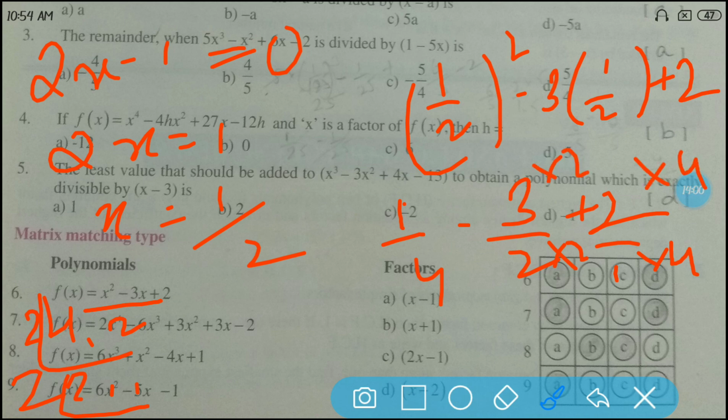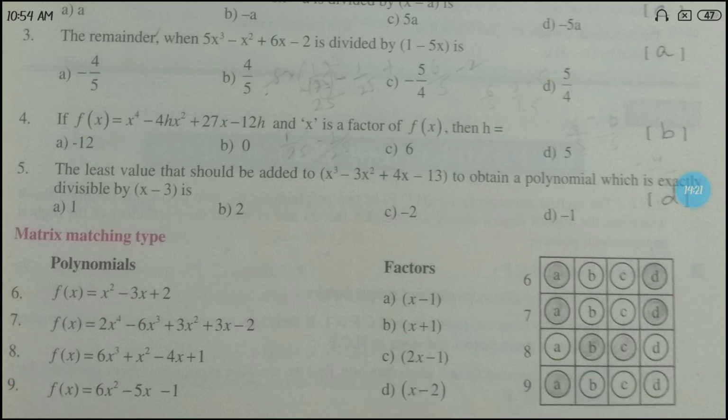Here also multiply by 4, here multiply by 2. So 1 by 4 minus 3 into 2 is 6, 6 by 4 plus 2 by 4. 8 by 4. Now when you solve this, you will get minus 5 plus 8. That is minus 3 by 4. That is a wrong answer, right? It's not 0. That's it.